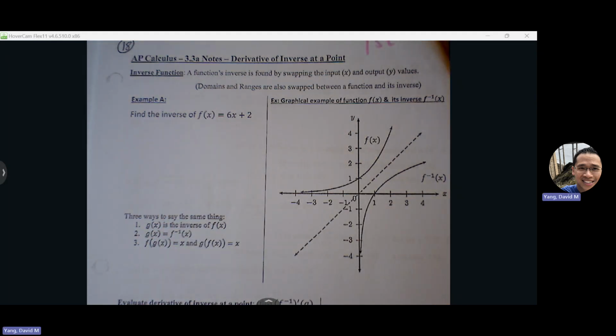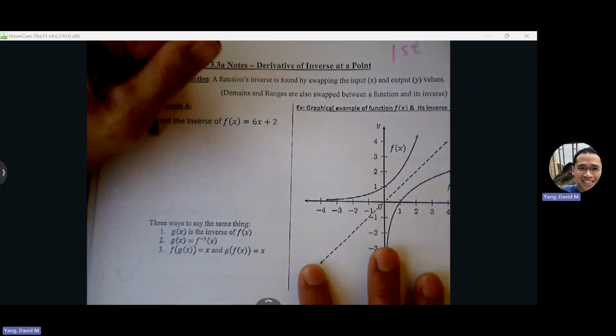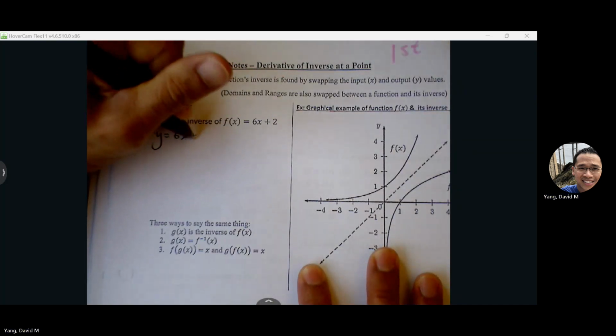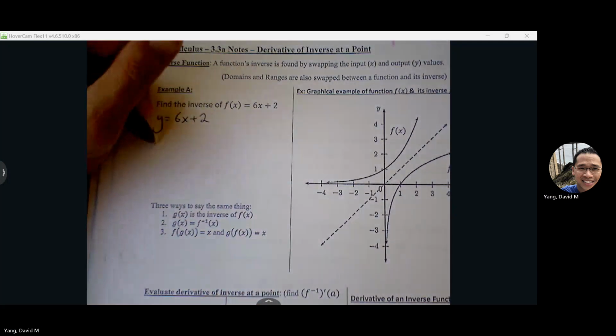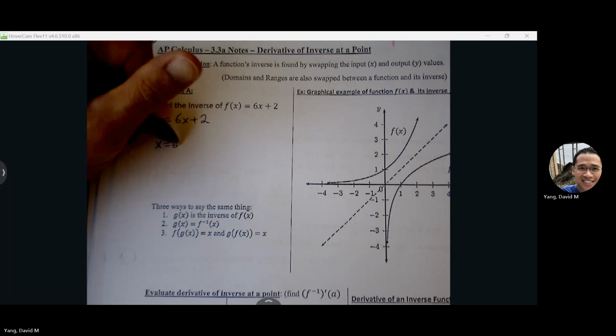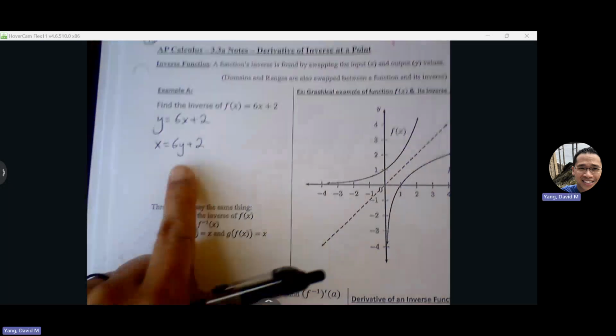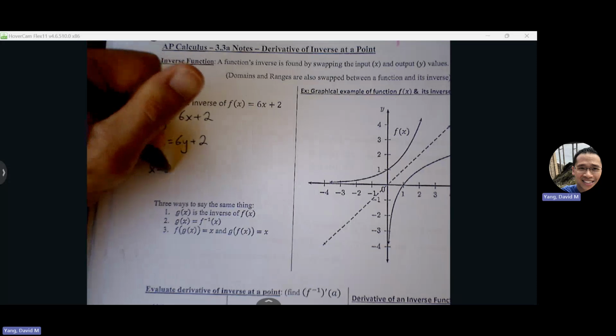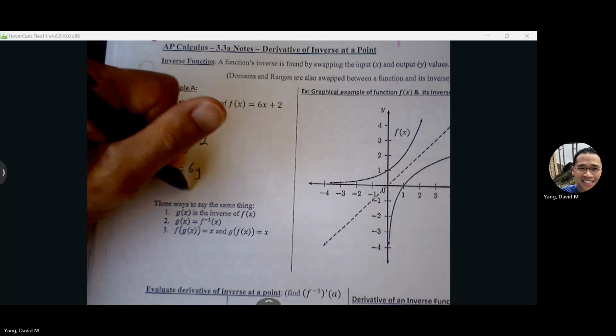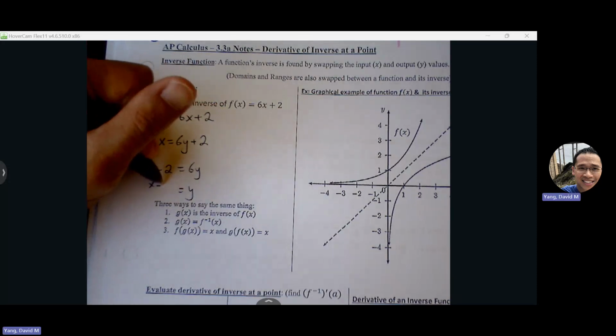So for instance, if we want to find the inverse of y equals 6x plus 2, we would swap the x and y. And then solve for our new y variable. So subtract 2, and then divide by 6.